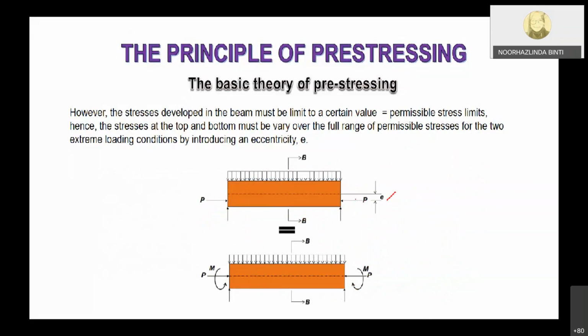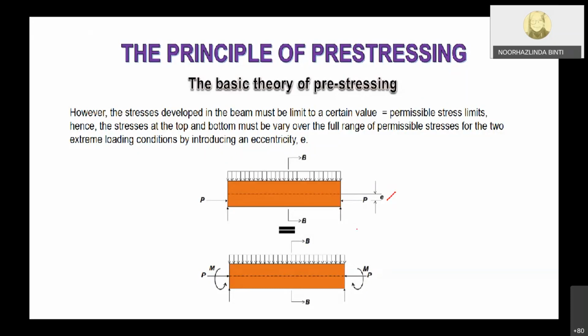Once we have this certain eccentricity, we introduce P not at the neutral axis, there will be another stress distribution that we need to consider, because there will be a moment developed here because of this eccentricity. Once you introduce a P, a new force, at a certain eccentricity from the neutral axis, moment will be developed.